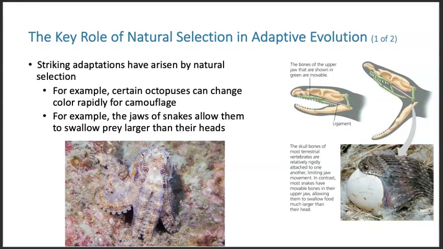Natural selection can result in some amazing adaptations. So your book calls them striking, and then shows a picture of a snake head. So I think striking might mean two different things. So some striking adaptations. In this case, let's take a look at our octopus here first. One of the adaptations that octopuses have is for changing their color so that they can blend into their environment.